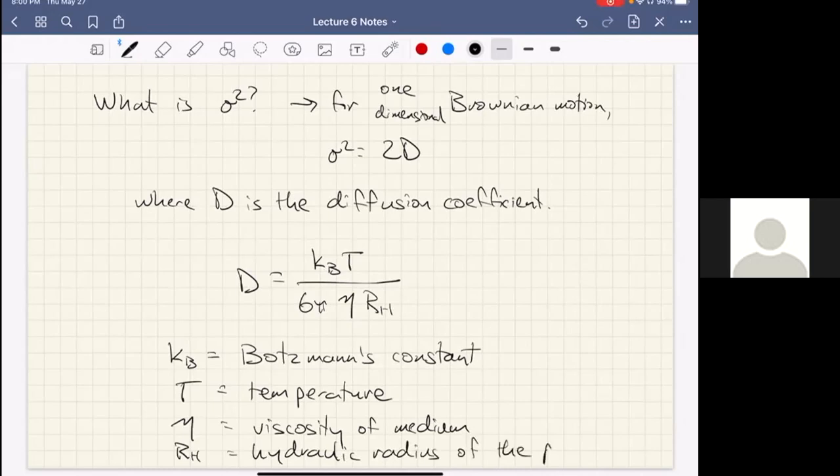So as you can see, D is dependent on both the medium and the particle. For biomolecules, D will be, this is an extremely rough guideline and will not always be followed, but it should probably be in the range of 1 to 10, and the units here would be micrometers squared per second.